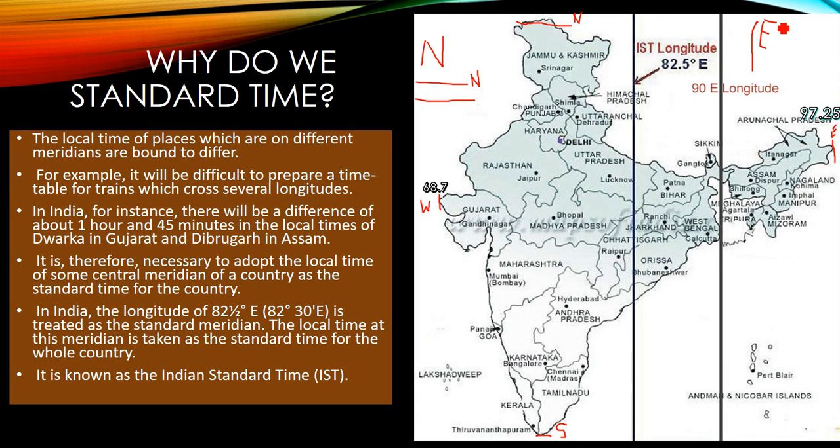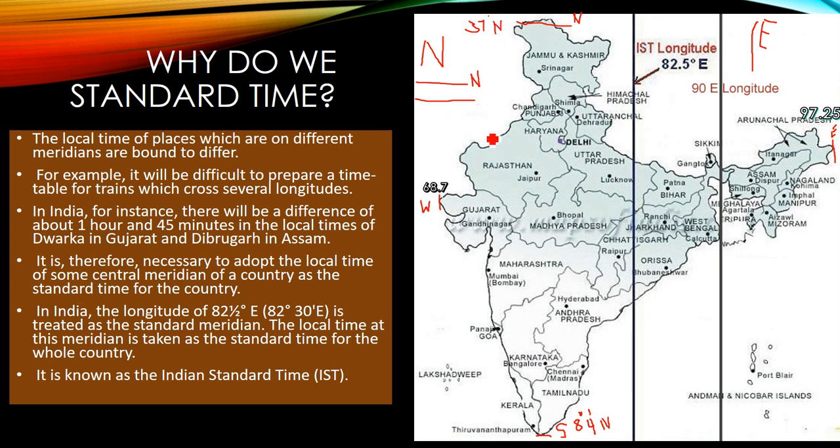Right? Now I'll come to the extent of India. Now if you see the extent of India, this is 8 degrees 4 minutes north to 37 degrees north.